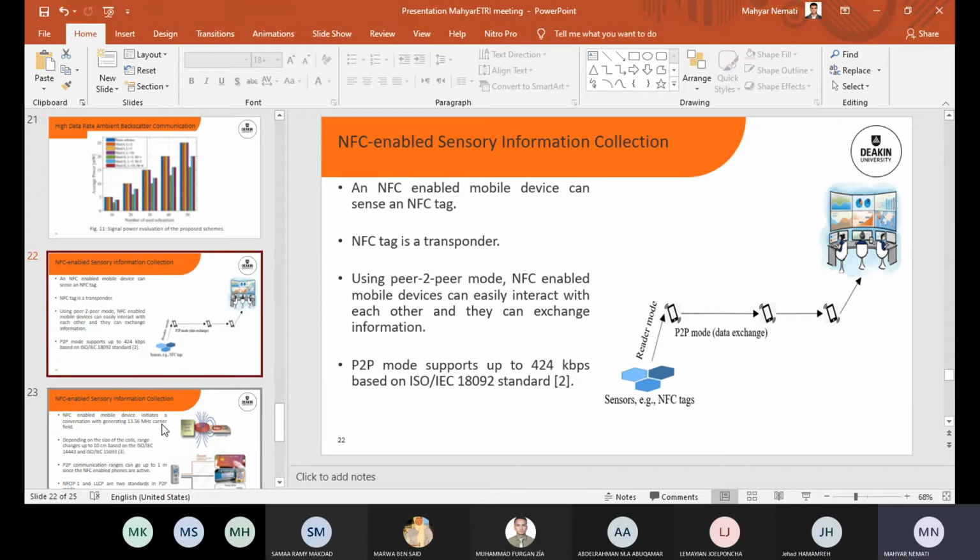Another future direction for backscatter communication is NFC-enabled sensory information collection, which I am currently working on. The idea is to collect data from these sensors by devices like our cell phones.